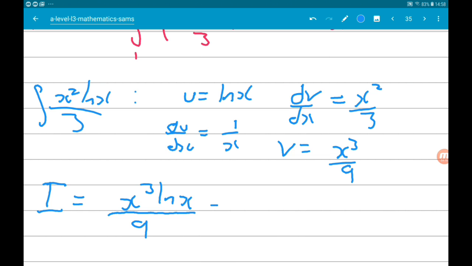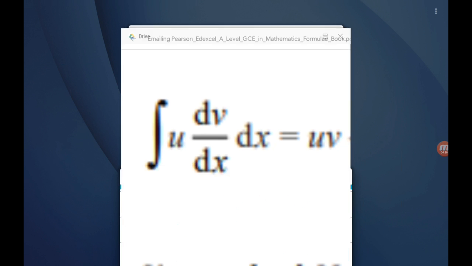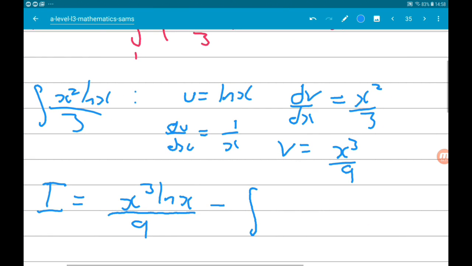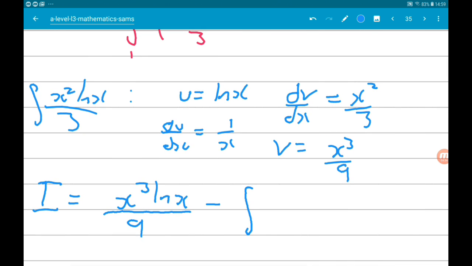minus the integral of v du by dx. So that's x cubed over 9 times 1 over x. So that's x squared over 9 with respect to x.